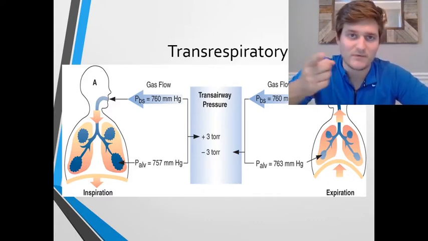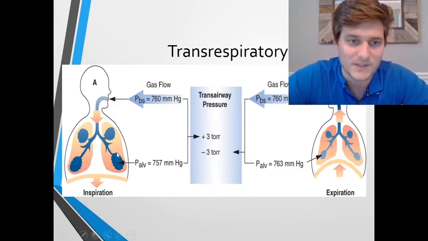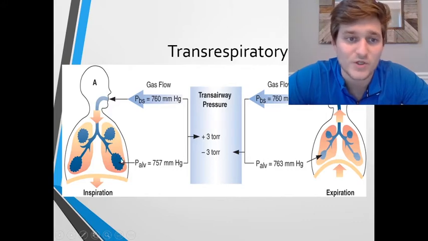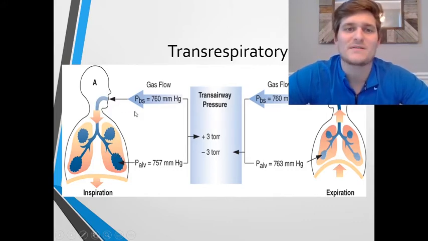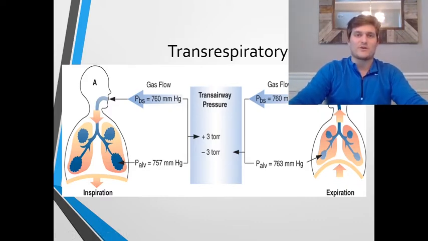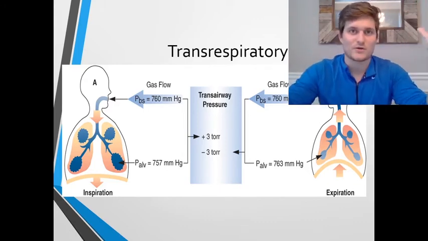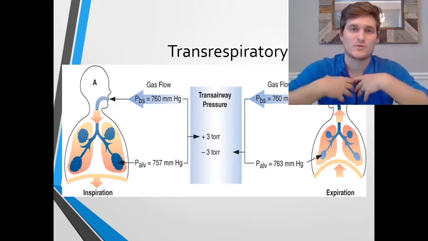And the movement of air in and out of the body is going to be determined by the differences between alveolar pressure and atmospheric pressure. At sea level, atmospheric pressure is 760 mmHg, 1 atmosphere, and it's going to be consistently that pressure no matter what we do at sea level.